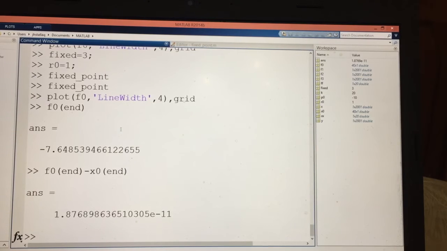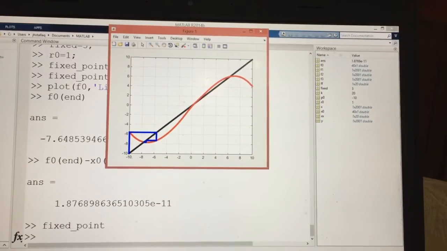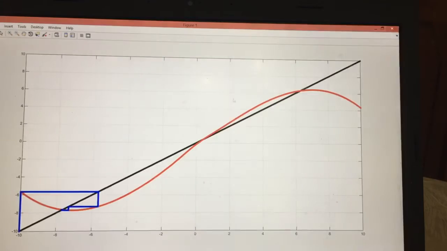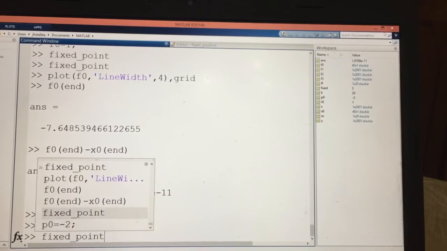Let's start at another point. Anywhere we start below this point here, it will converge. Anywhere we start in here also, it will converge. Let's start at -2 and see what happens. P naught is equal to -2.